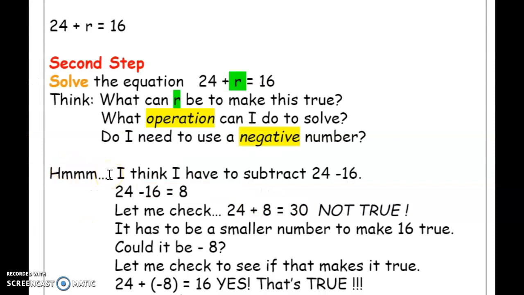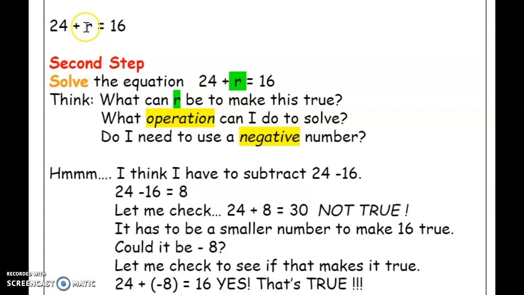Here's a thought process that you might use as you're thinking about how to work this problem out. So I first look at it and I thought I kind of had to subtract this number here to see if this would work. So I think that I have to subtract 24 from 16. Let me check. 24 minus 16 equals 8. Is that true?